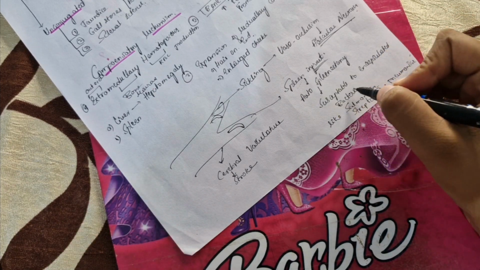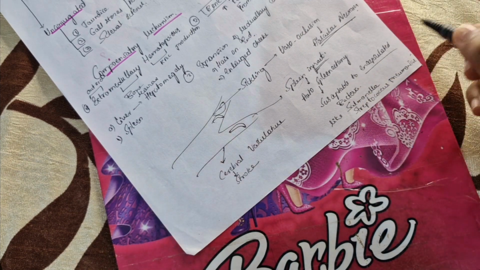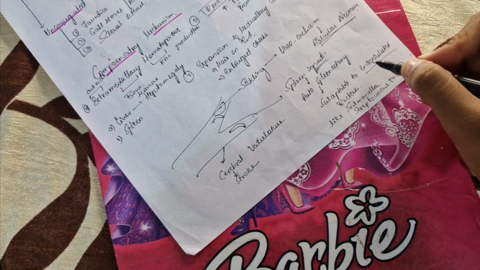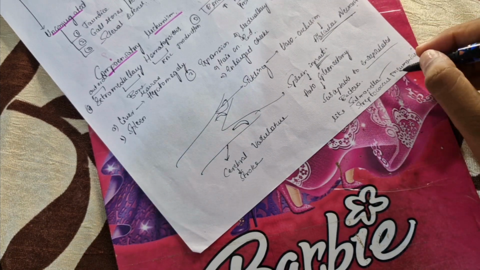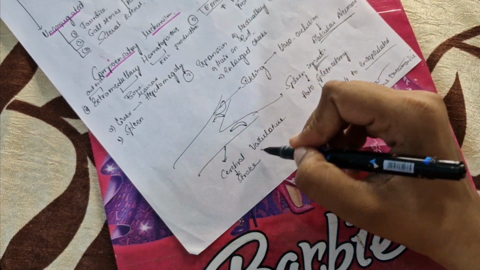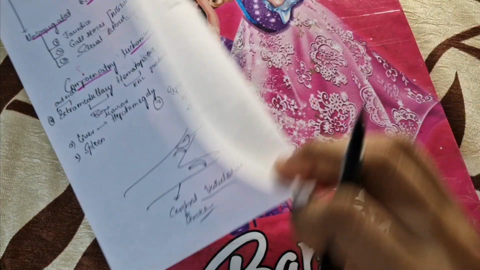Patients who have undergone autosplenectomy will be susceptible to encapsulated bacterial infections like salmonella and streptococcus pneumoniae. If cerebral blood vessels are occluded, there will be a chance of getting a stroke.